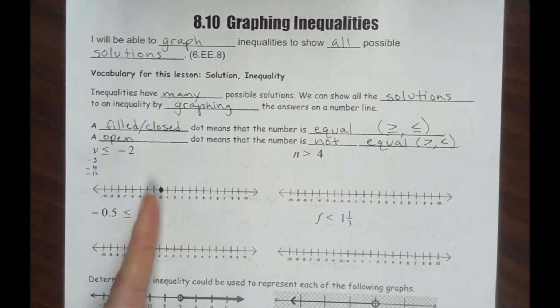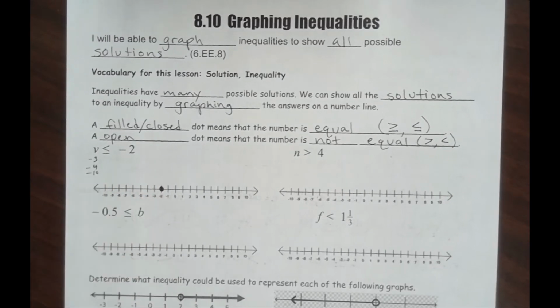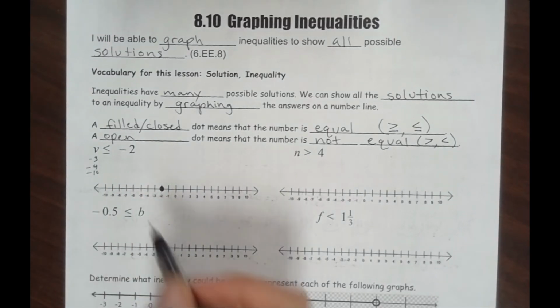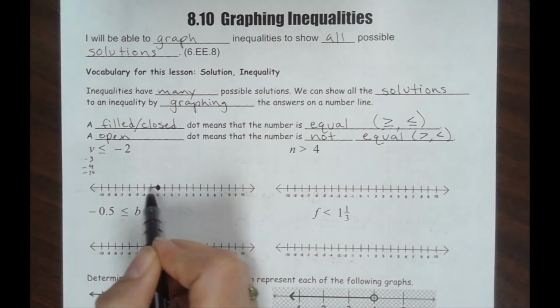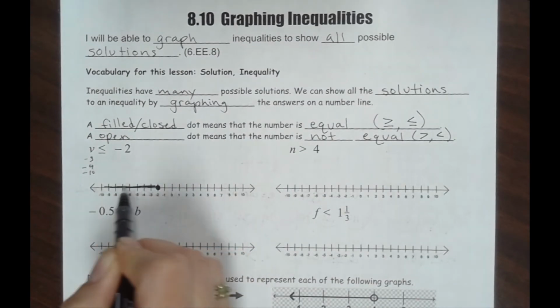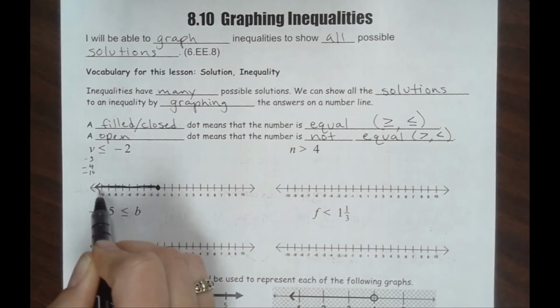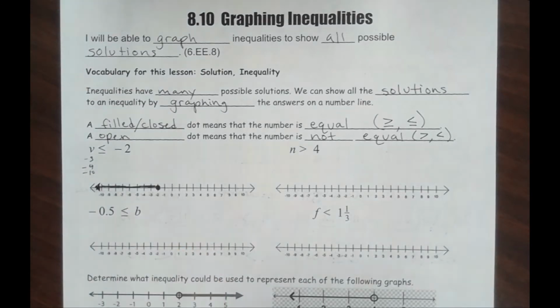Well, -3, -4, -10, all of these are on this side. So how I'm going to show the solutions is that -2 works, and every other number in this direction will also make that true. That's how to show an inequality on a number line. You're just showing me every single number that could possibly work.